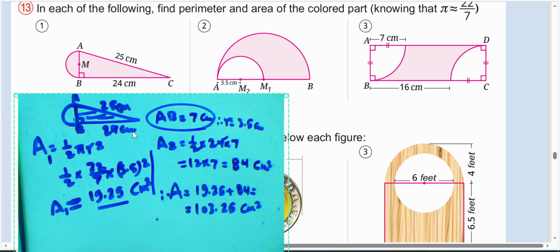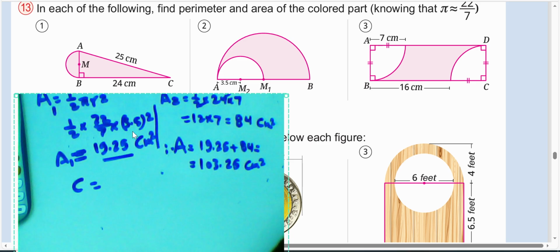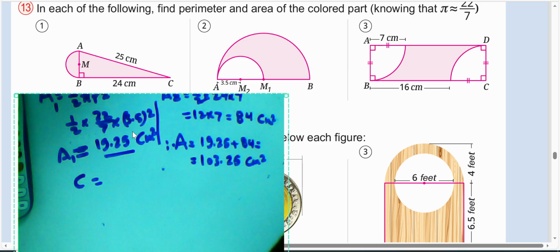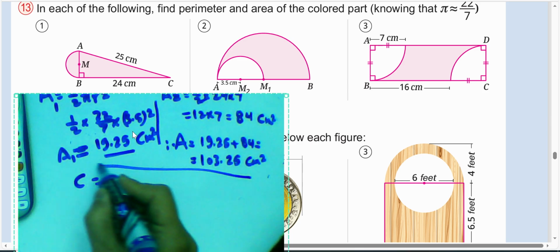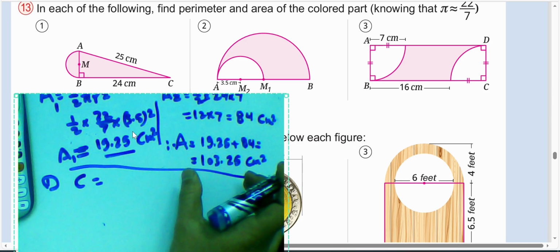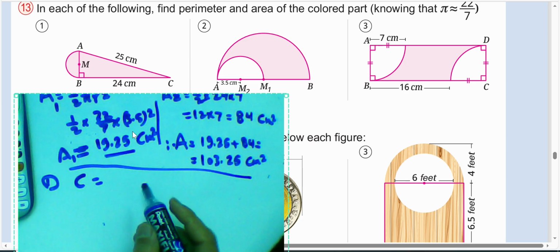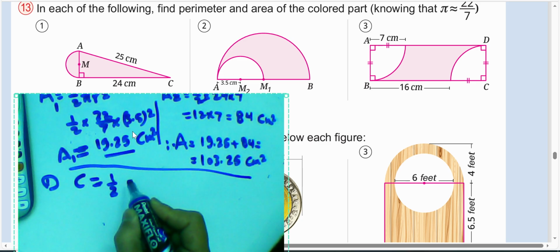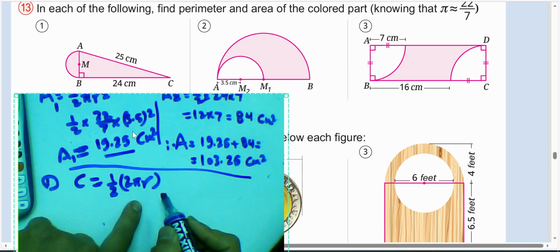We want to find the circumference. Look, the circumference will be equal to the curve EB plus the sides. Now I will find the circumference for question number 1. I solved question number 1, found the area, and then find the circumference. The circumference will be half of 2πr, half of π times d.